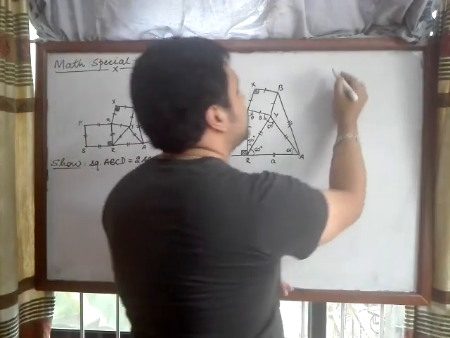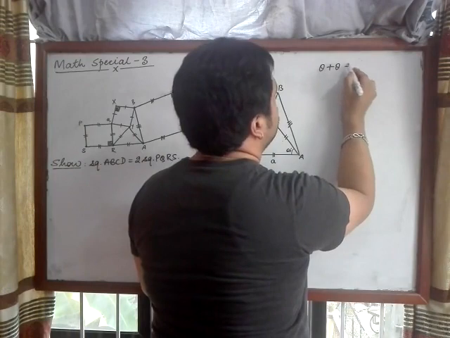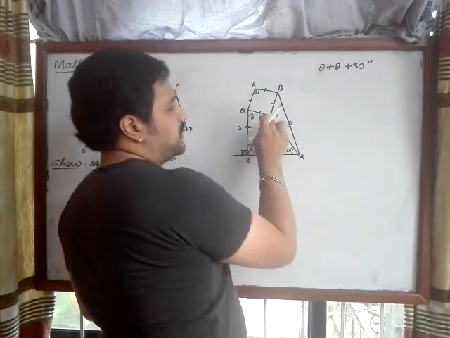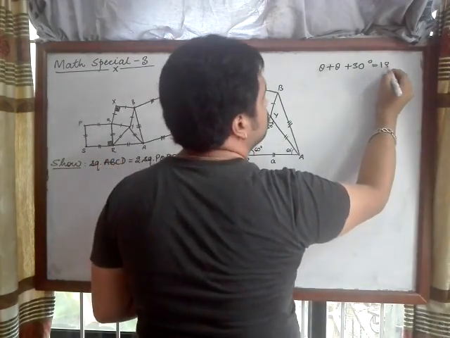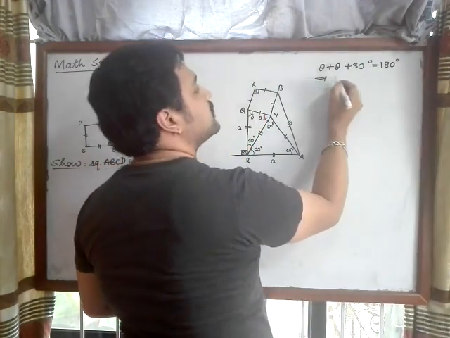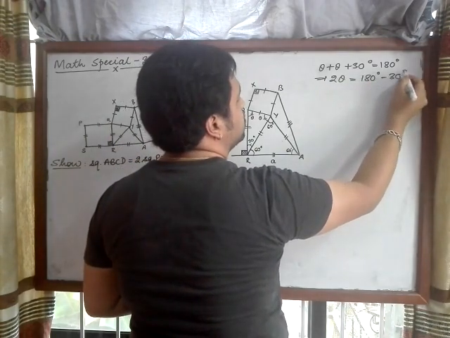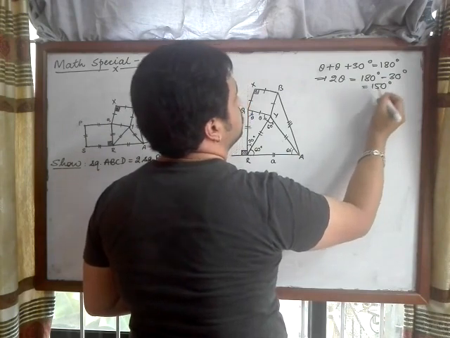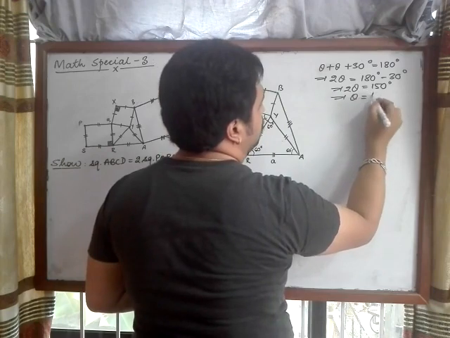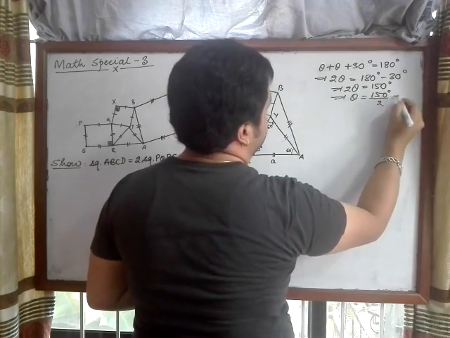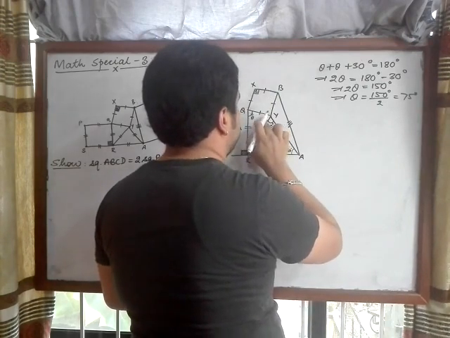Then theta plus theta plus 30 degrees is equal to 180 degrees. This means twice theta is equal to 180 degrees minus 30 degrees, which is equal to 150 degrees. So theta is equal to 150 over 2, which means 75 degrees.